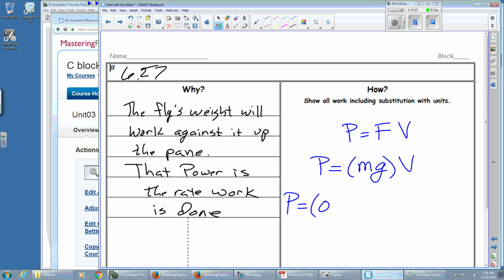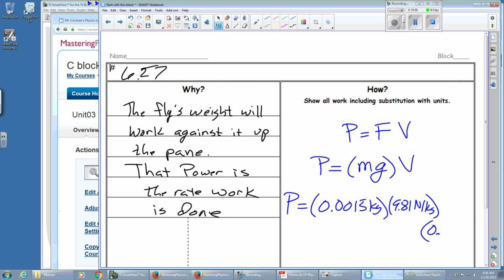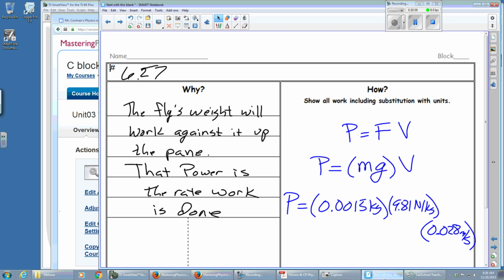So I'm going to put in 0.0015 kilograms, 9.81 newtons per kilogram, and then multiply that by, I've run out of room, my speed, which for me is 0.028 meters per second. I converted that from centimeters per second to meters per second. And now just plug it in.